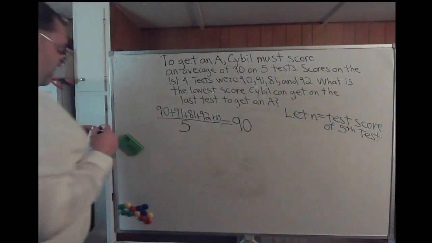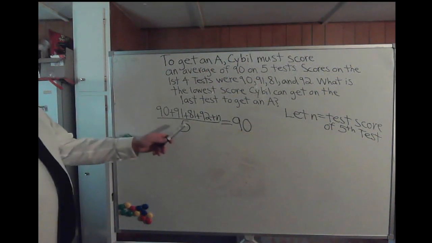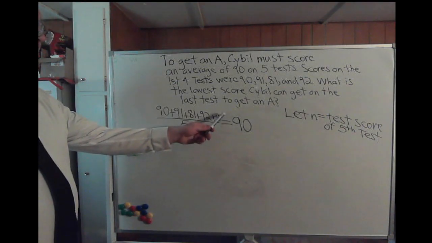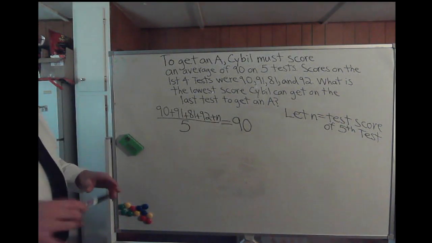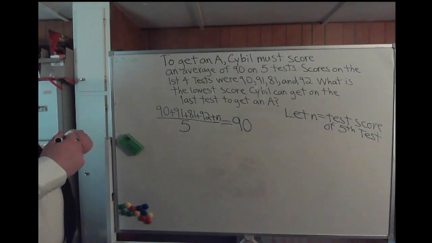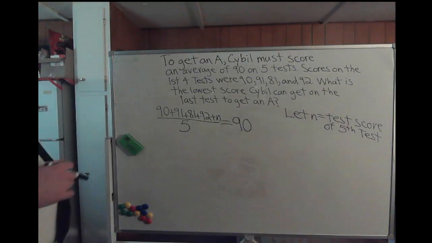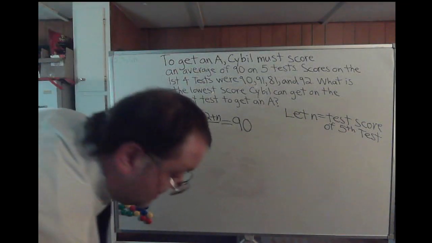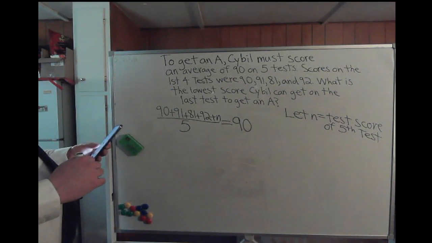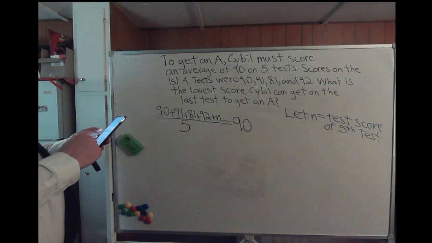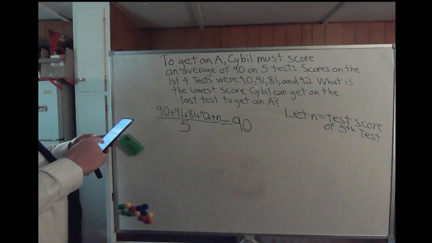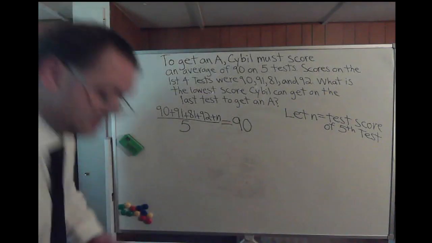So, with all these added together, divided by 5, because this is over 5 tests, she needs to get a 90. What we don't know is the value of the 5th test score that she would need to get that 90 average. First thing we're going to do is add all these numbers in the numerator of the left side: 90 plus 91 plus 81 plus 92.